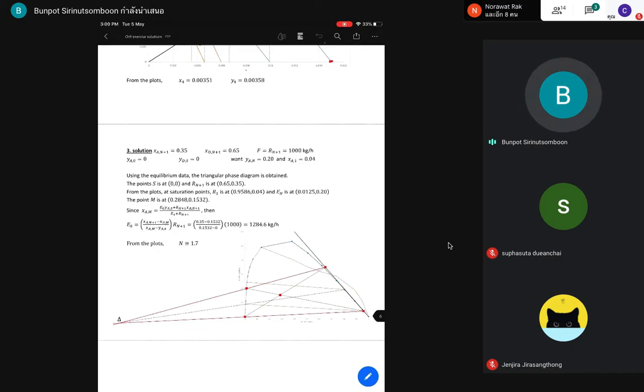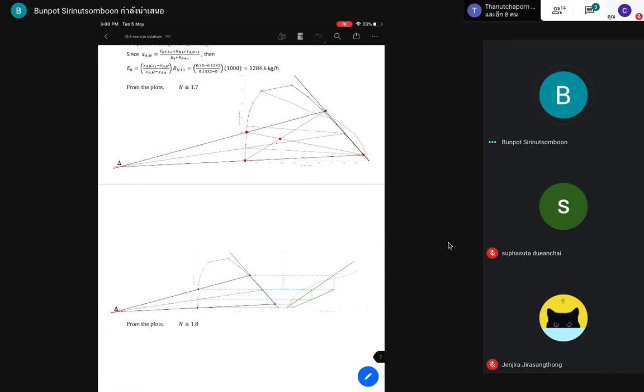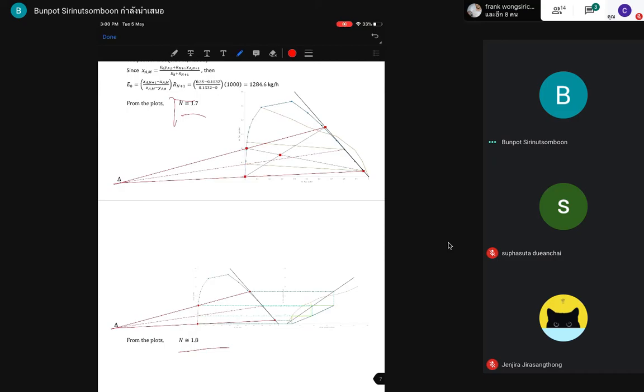I also used another technique, a combination of the triangular diagram and the Mackay field diagram, and got about the same answer, 1.7 and 1.8. So you can use either technique. No question really. Okay.